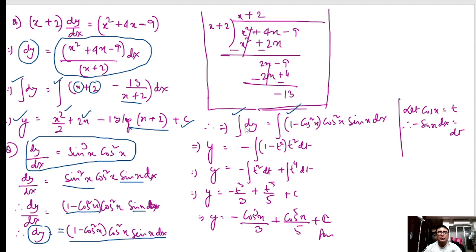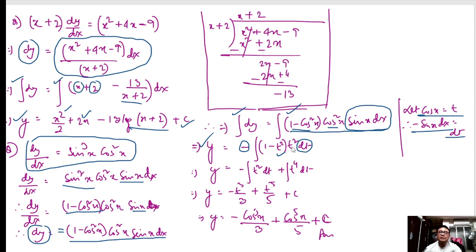Integration of dy is y. For the other side, let us put cos x as t, so minus sin x dx will be dt, meaning sin x dx is minus dt. So this becomes 1 minus t square, multiplied by t square.